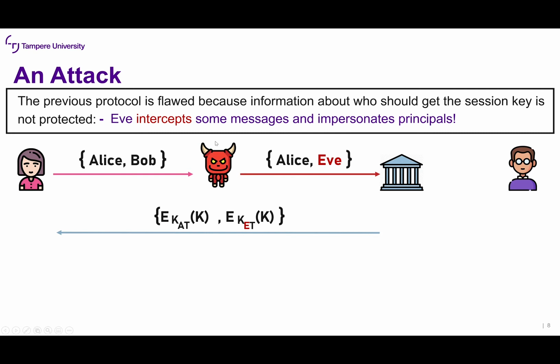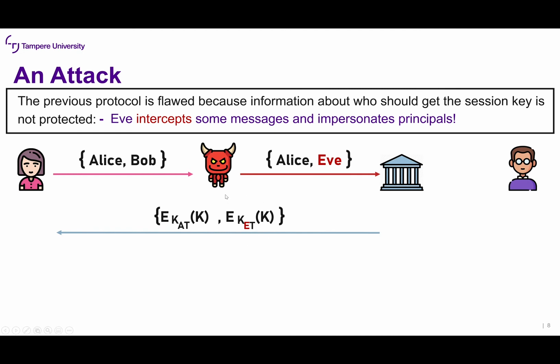So remember, Eve is a legitimate user, which means that she also shares a symmetric key with Trent, KET.